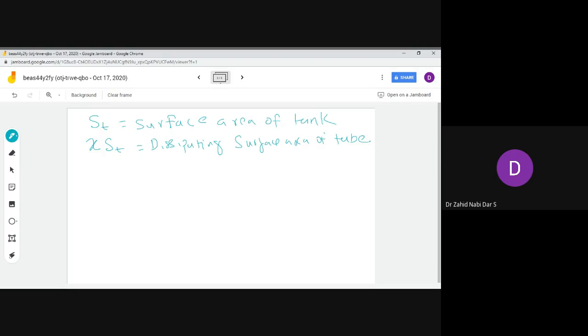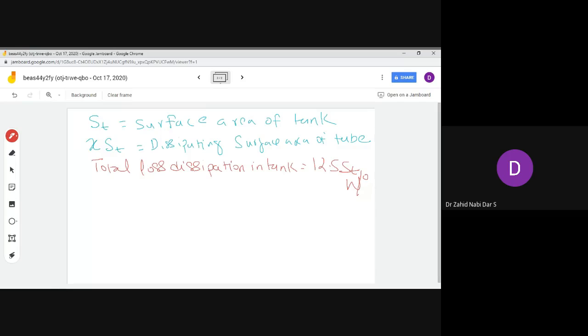So the total loss dissipation in the tank is 12.5 times St, in watts per degree Celsius.